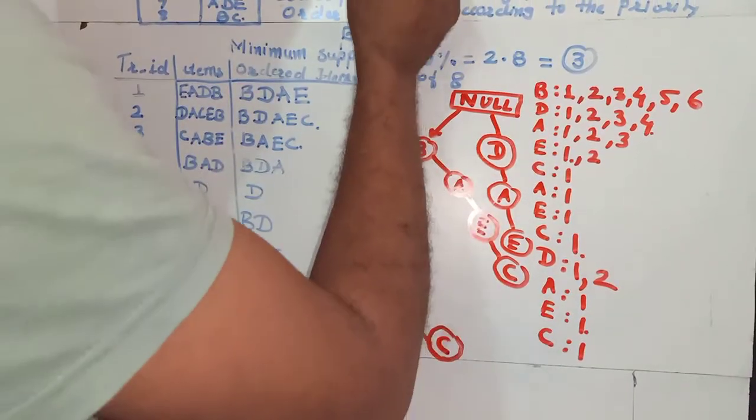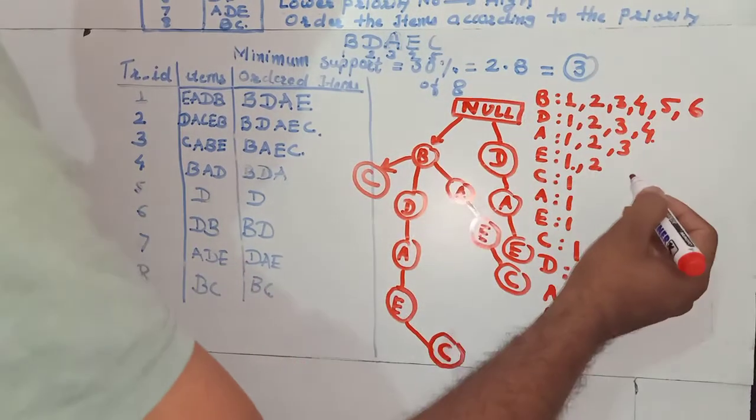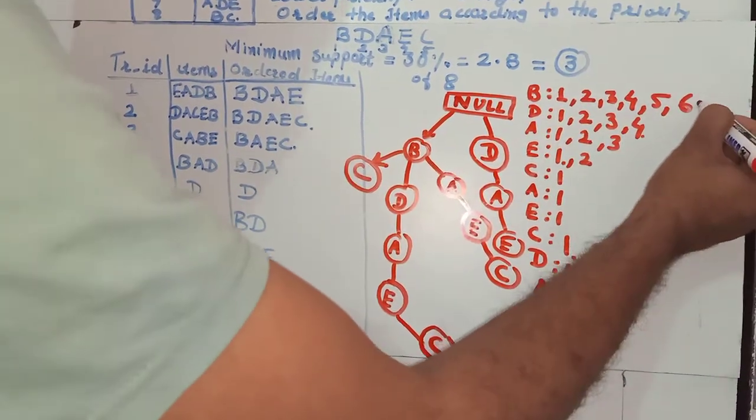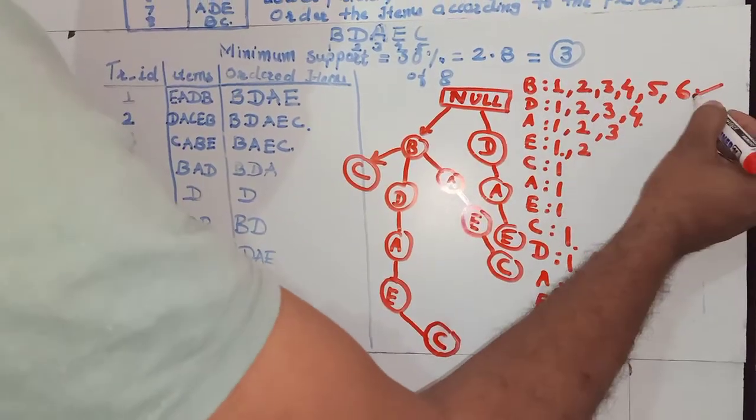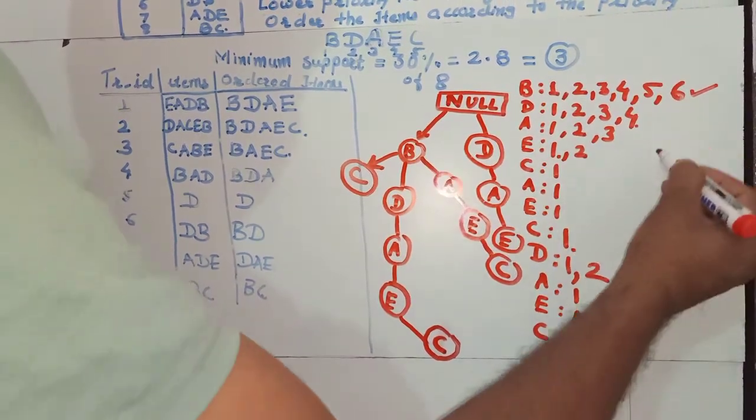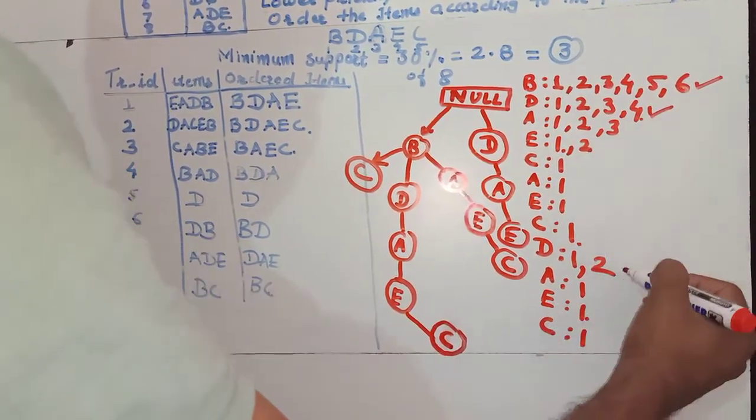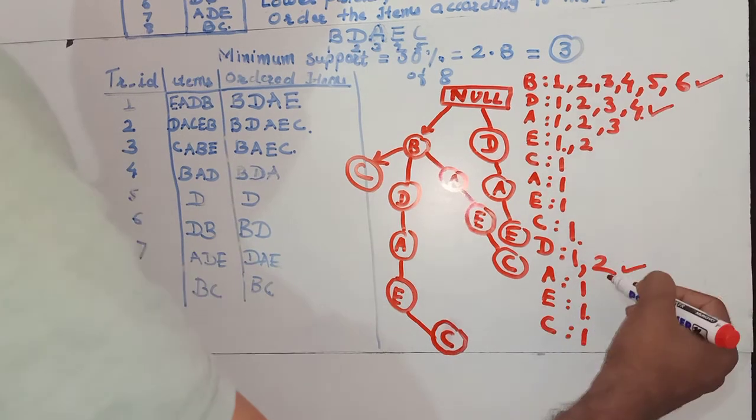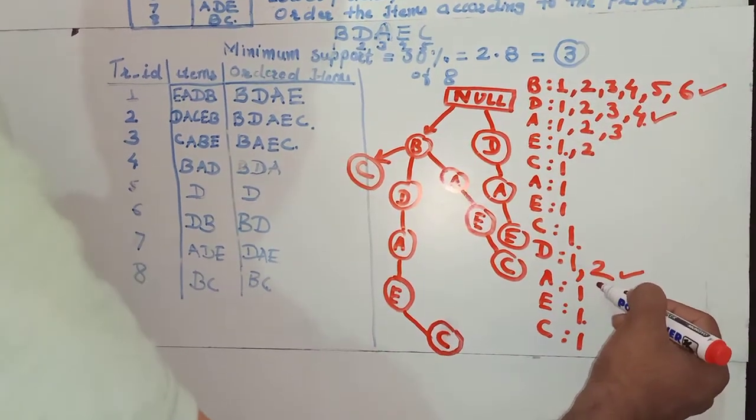So likewise, this and this frequency should be matched, right? So if you look at this, B has frequency 6 at this point, new generation. Similarly, D has frequency 6. This is 4 and this is 2. So 6 times it is being generated.